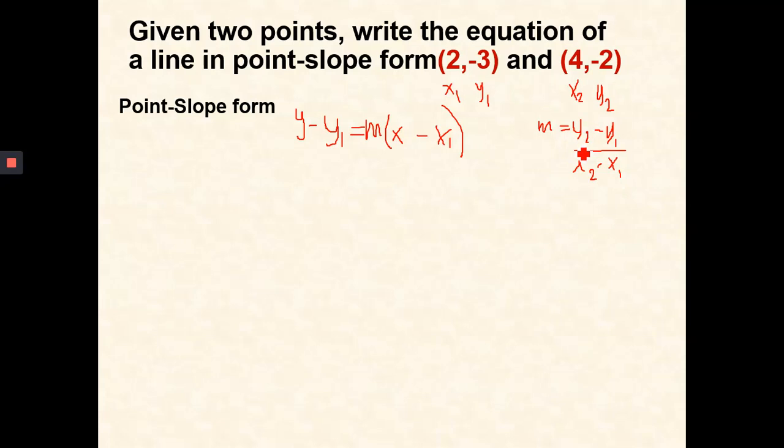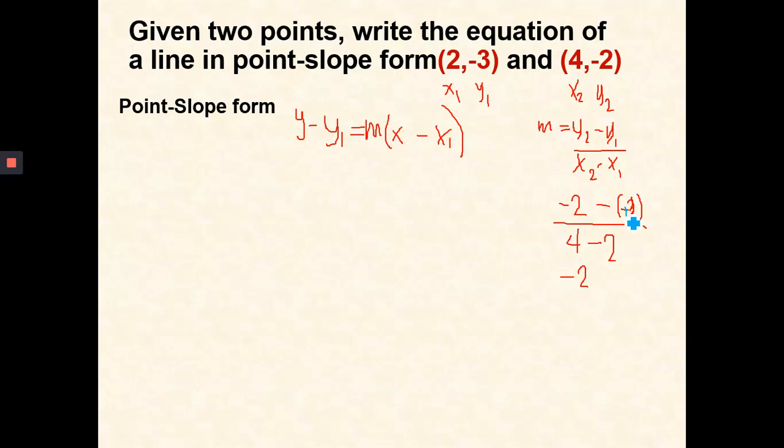So you're just going to plug in. Your y sub 2 is negative 2, minus your y sub 1 is negative 3. Again, enclose it. All over, your x sub 2 is 4 minus 2. Okay? So you now have negative 2. Since subtracting integers, change the sign of the subtrahend.